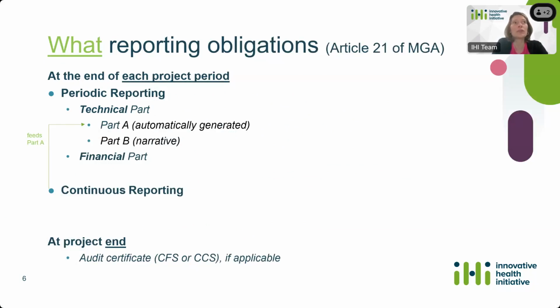There is also a continuous reporting that needs to be done, which will actually feed part A of the technical part of the periodic reporting. Part A will be automatically generated based on what you have encoded in the continuous reporting, and part B is more of a narrative section that you need to provide. But we'll explain this in detail during this webinar.